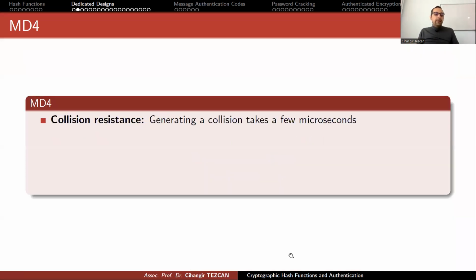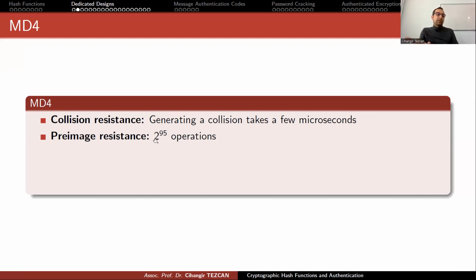Okay. The bad thing is that this was broken years ago in a very bad way. Generating a collision takes a few microseconds. Preimage resistance is also broken. But of course, since nobody is using it, maybe agencies or cryptographers who work on this, if they have the time, can find better attacks than this. So don't rely on this.